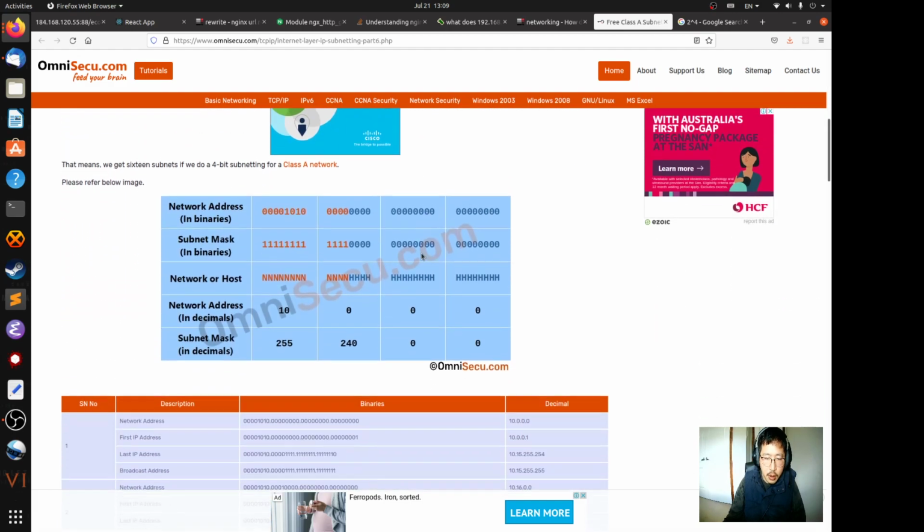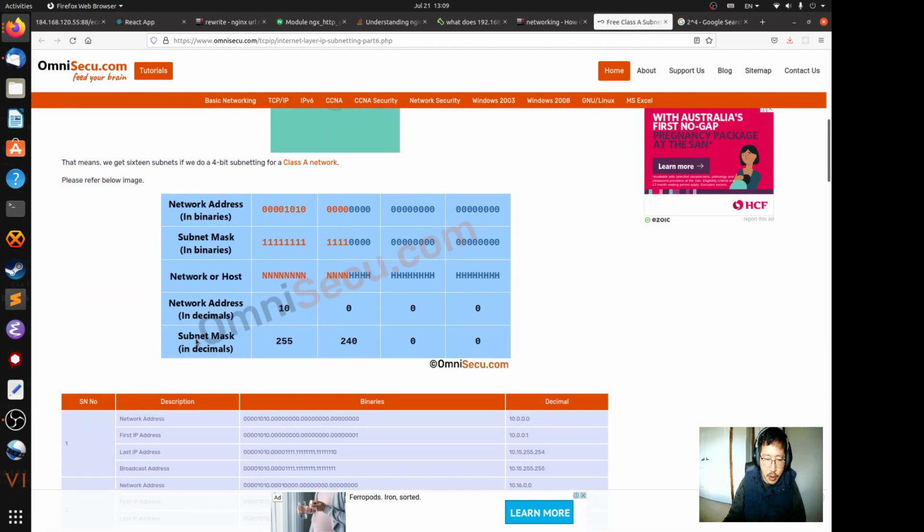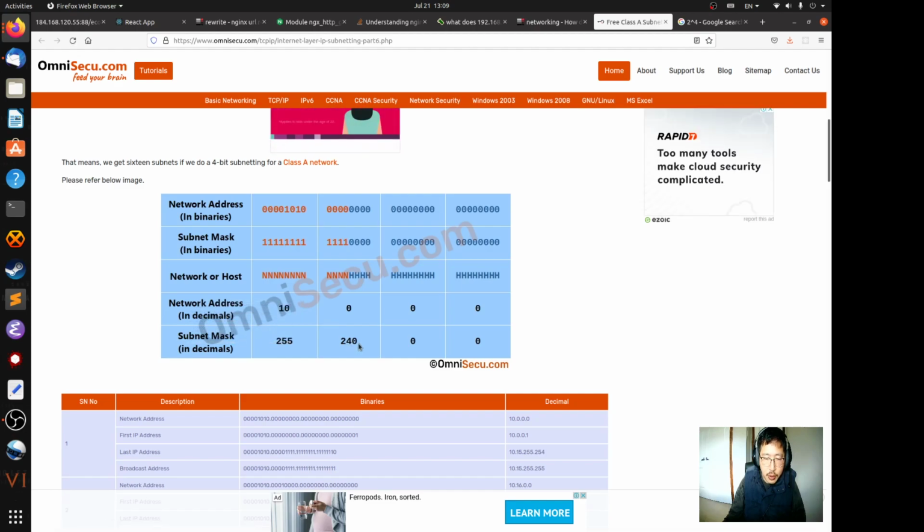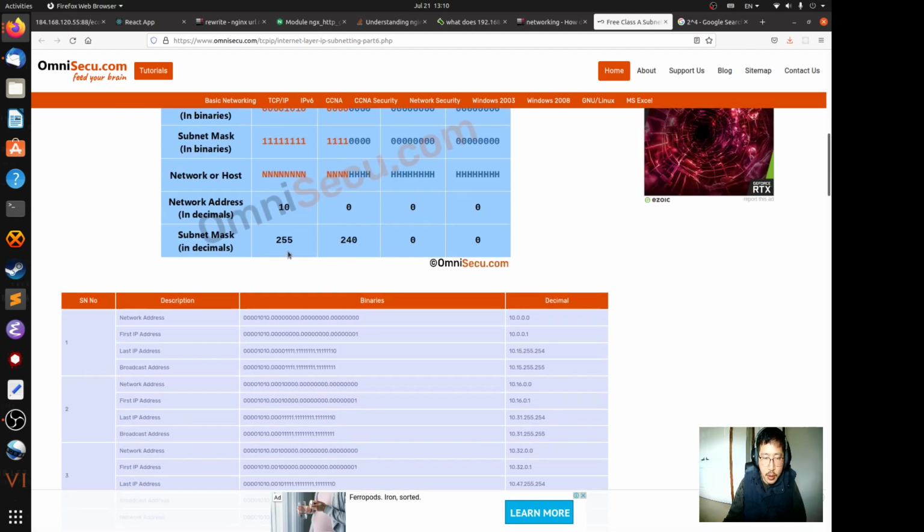As I said, the subnet mask gives away what is happening. So 240 is the decimal for this binary. If you know the subnet mask, you know exactly what is going on. Given that it is a Class A, the subnet mask tells you how many bits it has borrowed from the host for the sake of designating 16 subnets.